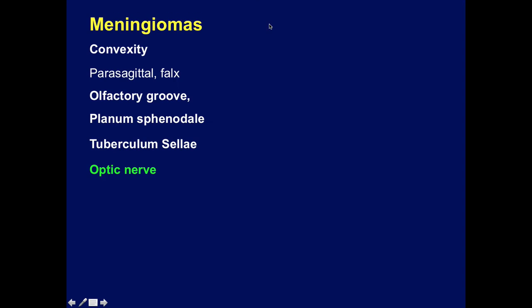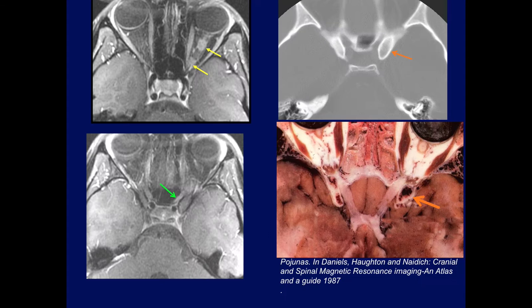This is an interesting case of a young patient who failed the driver test because of visual problems in taking the exam. And as Gino points out, there was enhancement. So now I'm moving on to another type of meningioma, those involving the sheath of the optic nerve.